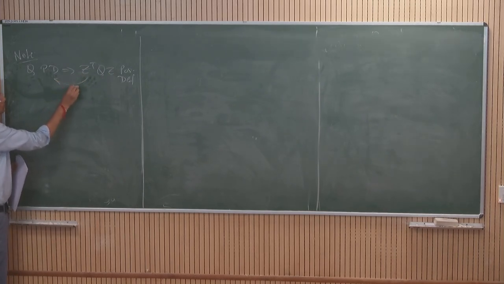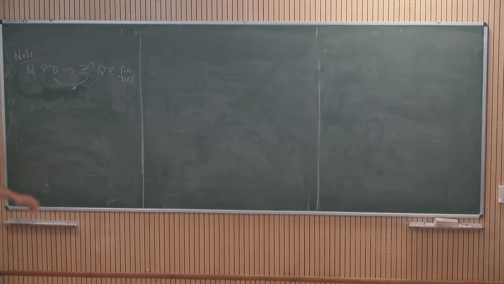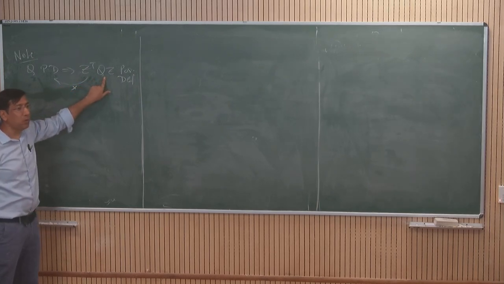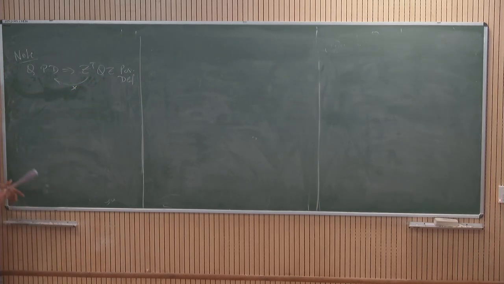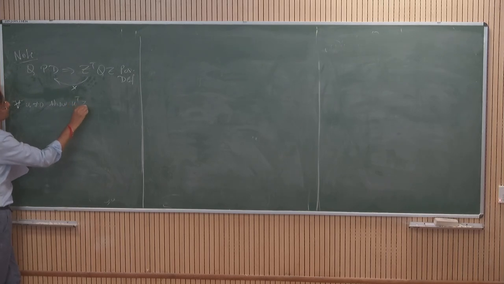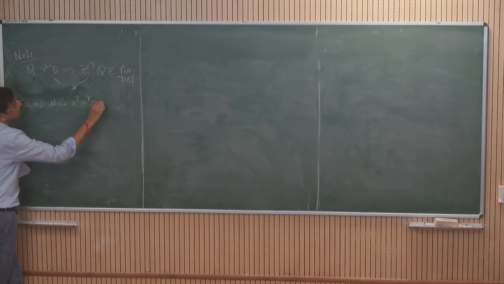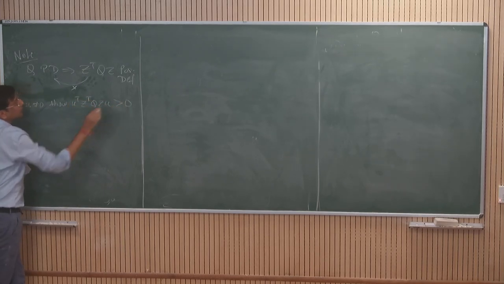Never means it will be difficult to prove, because you're going from a smaller space to a larger space. If I have to prove that if Q is positive definite, this is positive definite, how would I prove it? Help me. For all U not equal to 0, show U transpose Z transpose Q Z U is greater than 0.